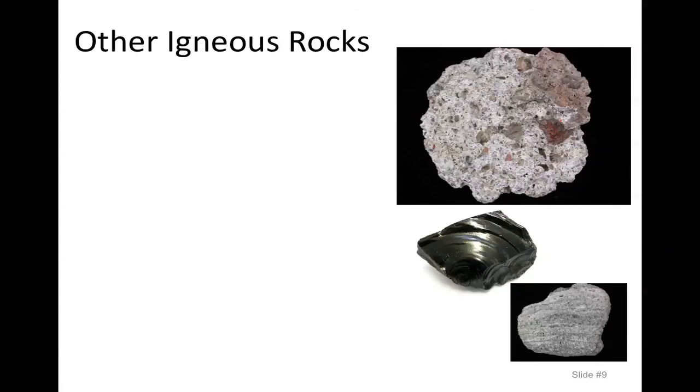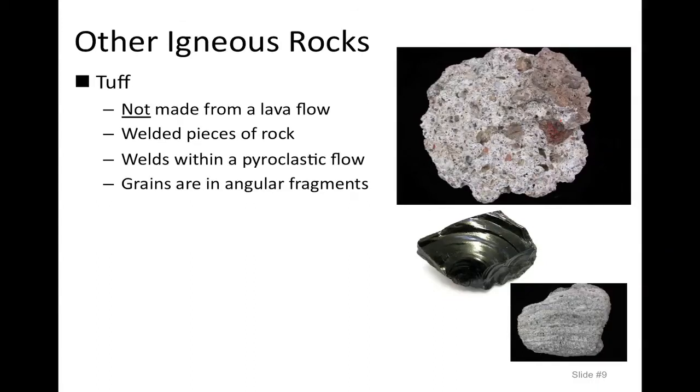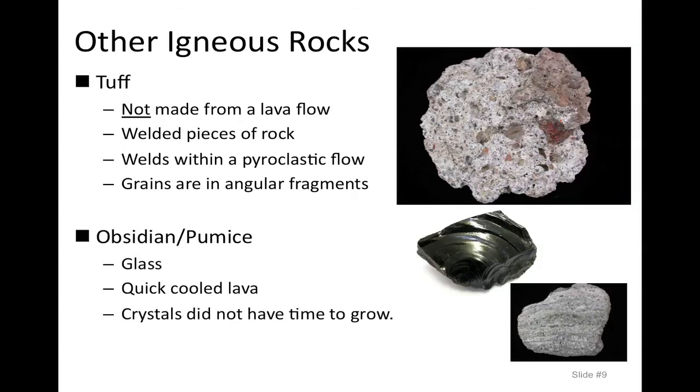All right, for other igneous rocks, there are a few others I wanted to go through with you. Tuff is that pyroclastic rock I introduced you to earlier as a texture. It's the only rock that we've talked about that's not made from a lava flow.